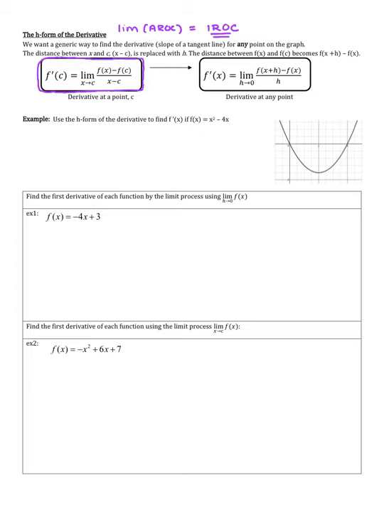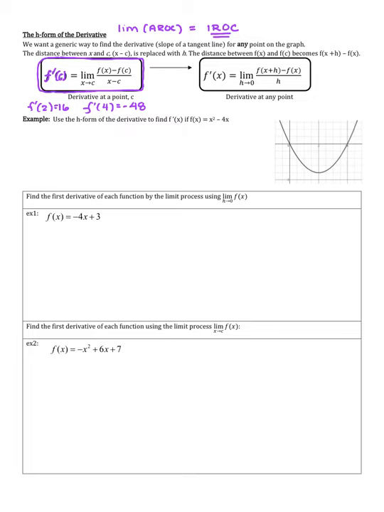We looked at the average rate of change, and we took the limit as x was approaching that particular point. That is what we would call f prime of c. So we found f prime of 2 to be 16, and we found f prime of 4 to be negative 48 feet per second.